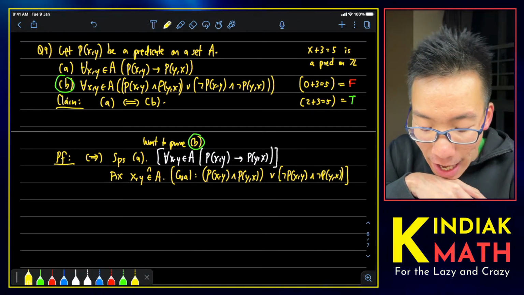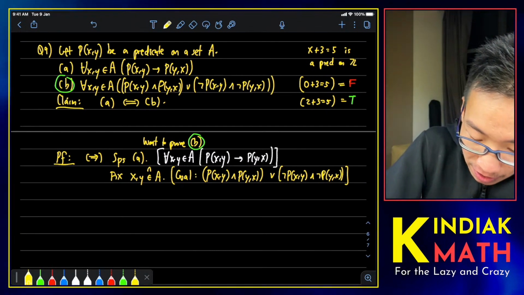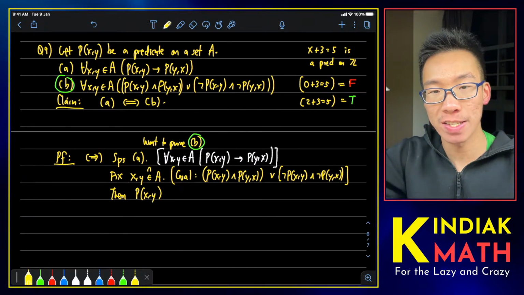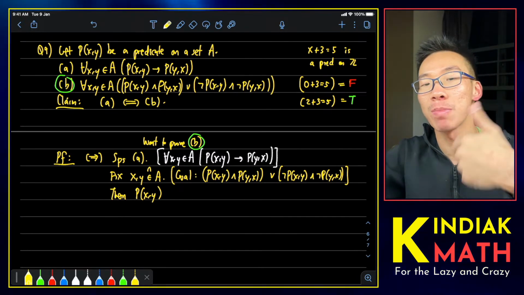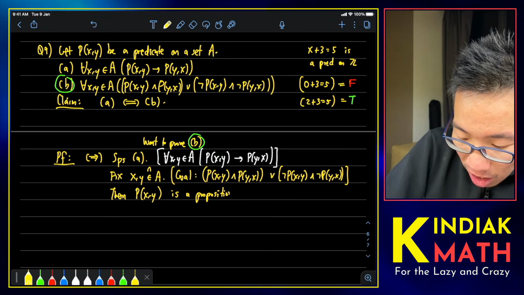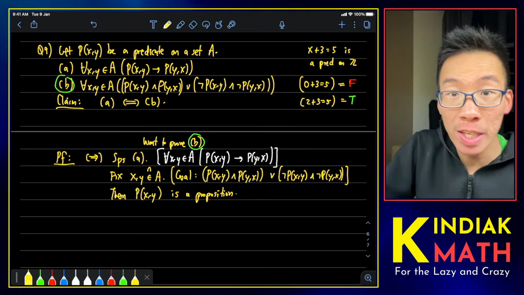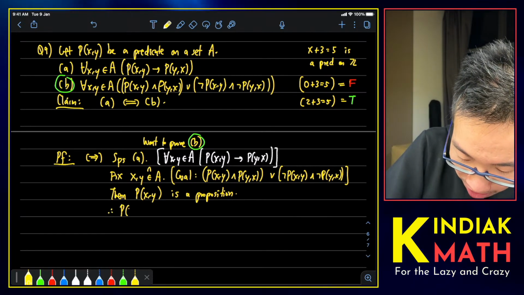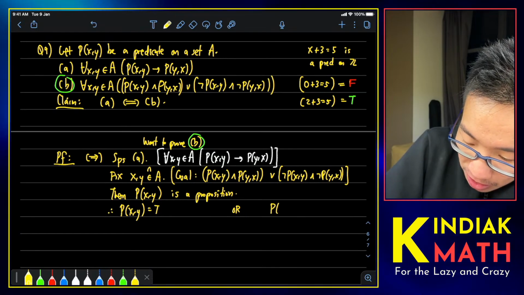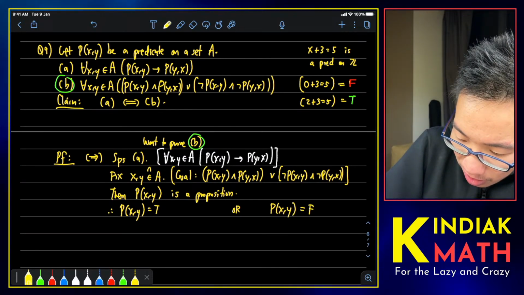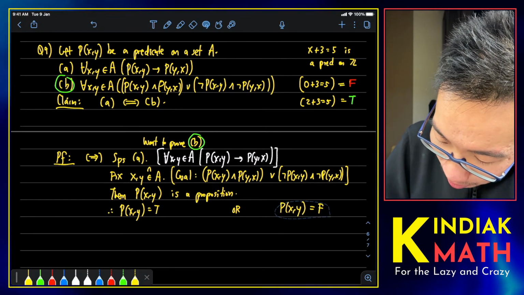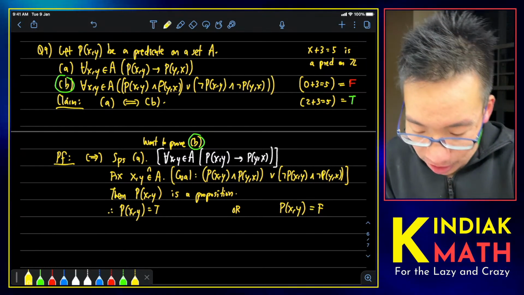So if x and y are items in A, then since P(x, y) is a predicate on A, if you plug in items from A, this is a proposition. Which means that P(x, y) is either true or P(x, y) is false. So how do we sort of make sense of this information here?